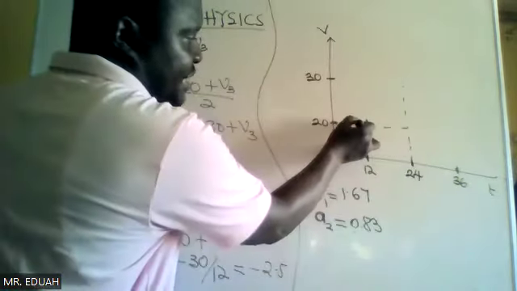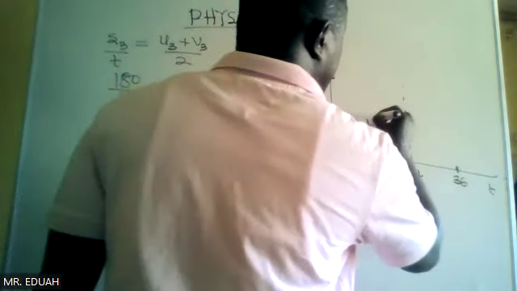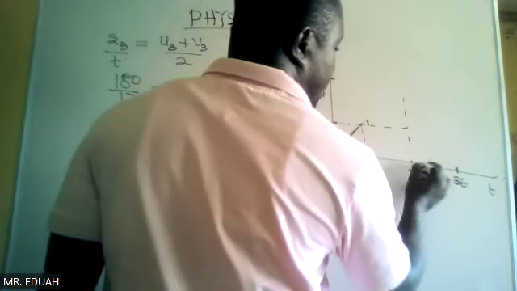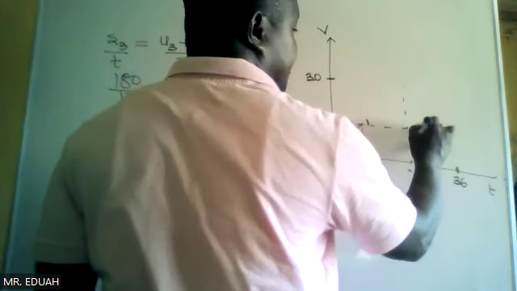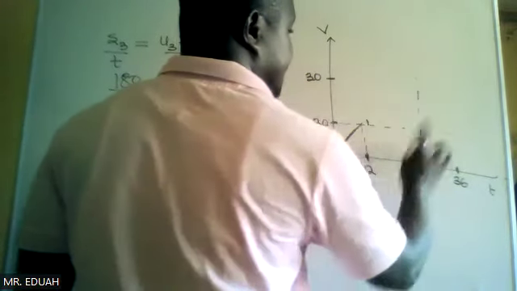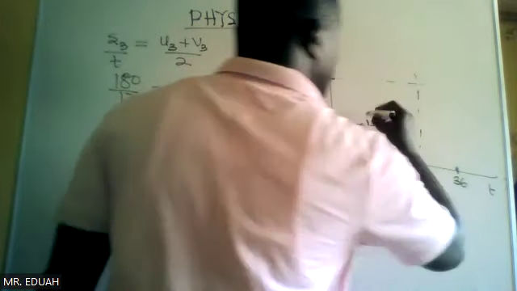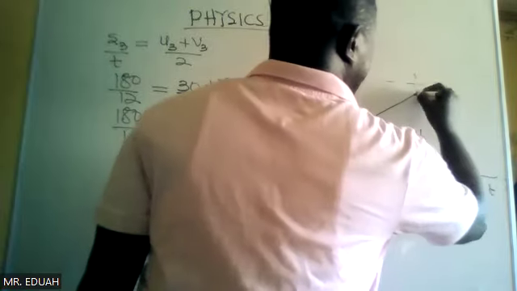We can't have the same slope. So if I'm choosing this to be my slope, then I'll push the time a little bit to this part, so that I can draw my graph like this.